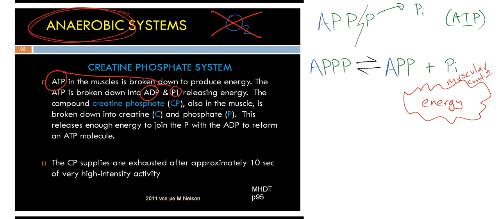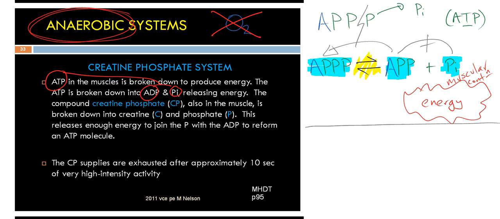This bit here refers to the fact that it's reversible, so the process can operate in the other way as well, meaning that the inorganic phosphate can rejoin with the adenosine diphosphate to create adenosine triphosphate, and the process by which the inorganic phosphate joins with the adenosine diphosphate to recreate ATP, that's the process by which our energy systems resynthesize ATP.